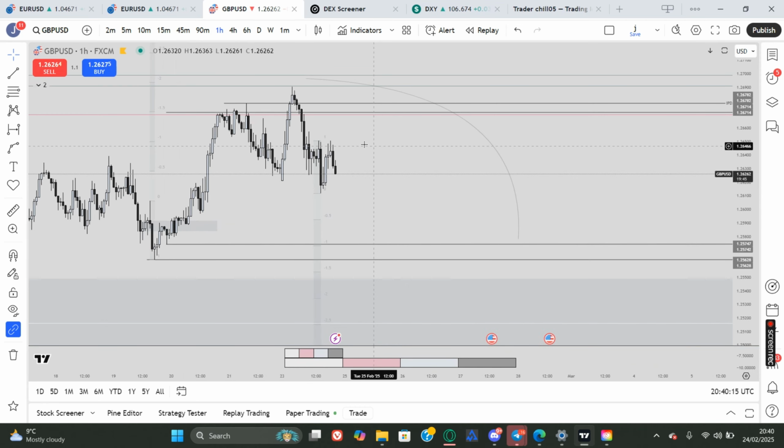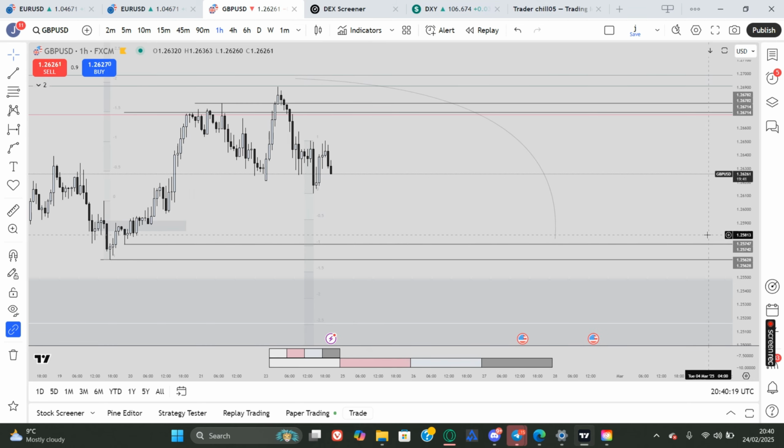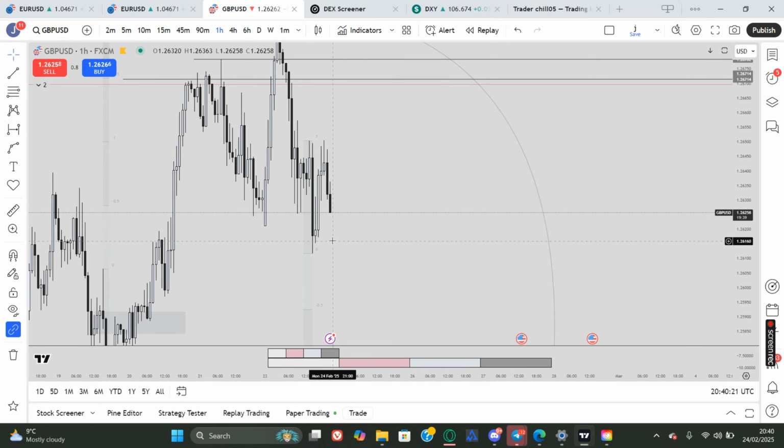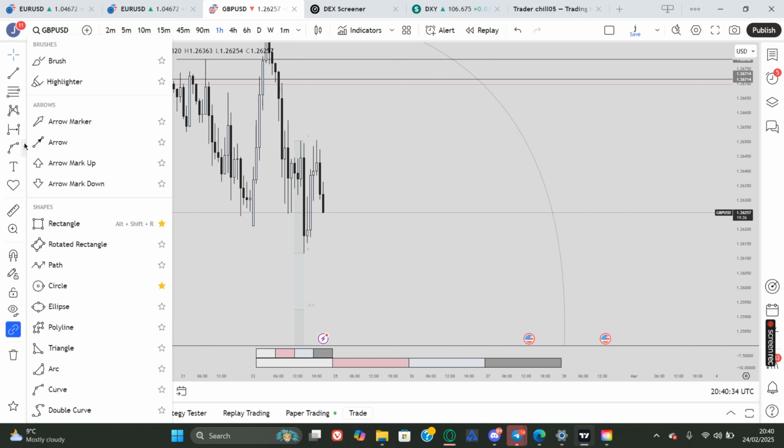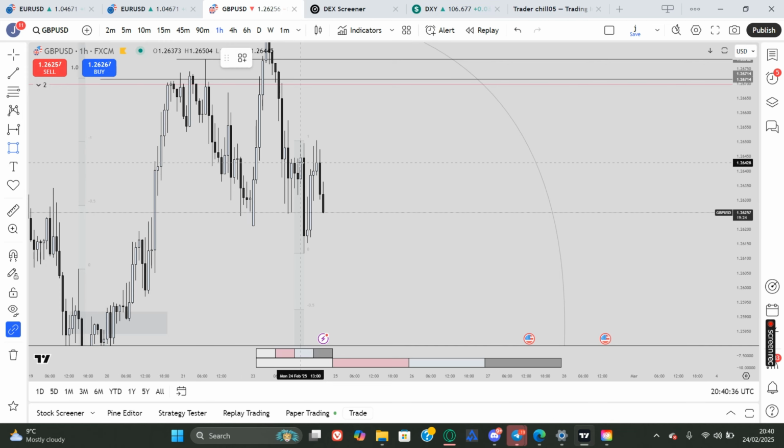So now what I'm expecting is Tuesday to basically either take out these buy side up here, or hold within this breaker level, as you can see here. So the breaker is probably what I want to see being held for the time being.